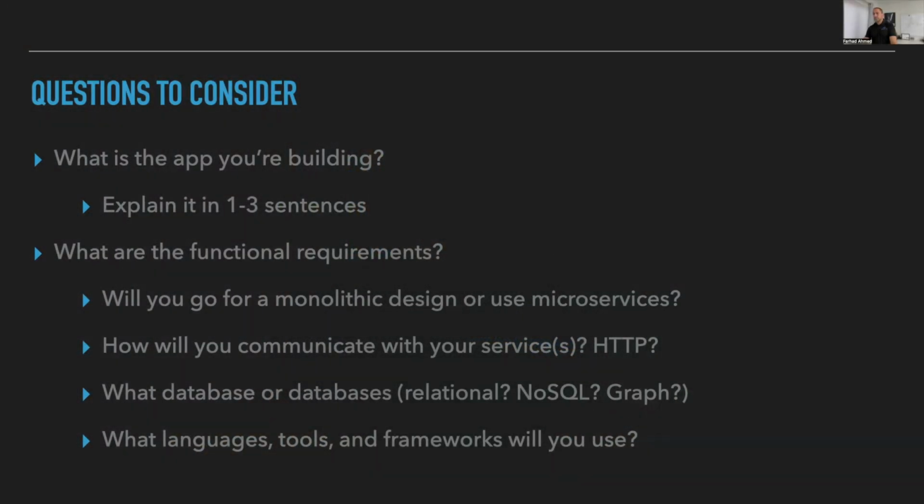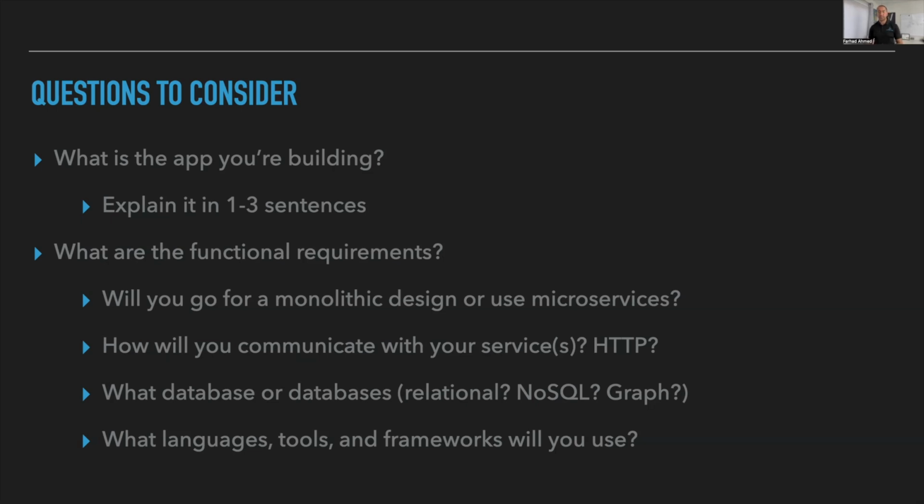Okay, we now know what application we're building, and we have a good understanding of the functional requirements, at least at this point. Let's go back and look at the 4 questions we need to consider as we design our application. 1, will you go with a monolithic design or use microservices? 2, how will you communicate with your services, and how will those services communicate with one another? 3, what database or databases are you going to use?